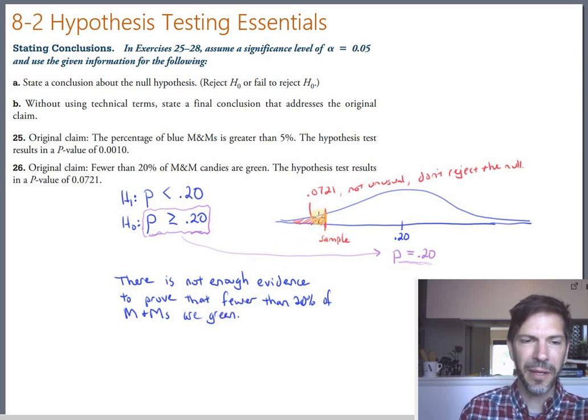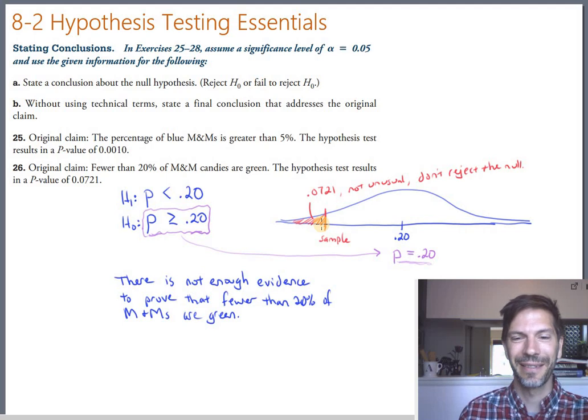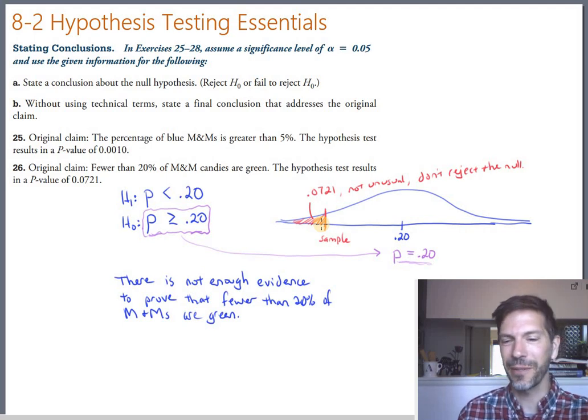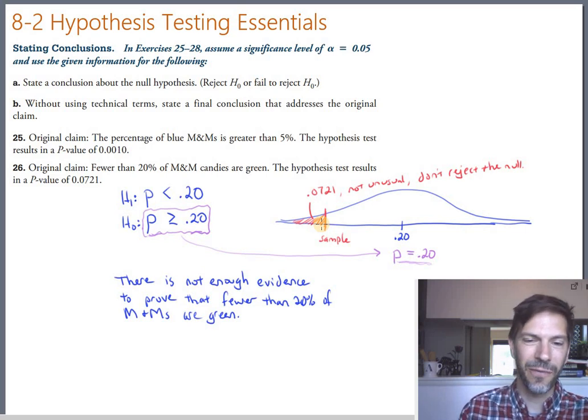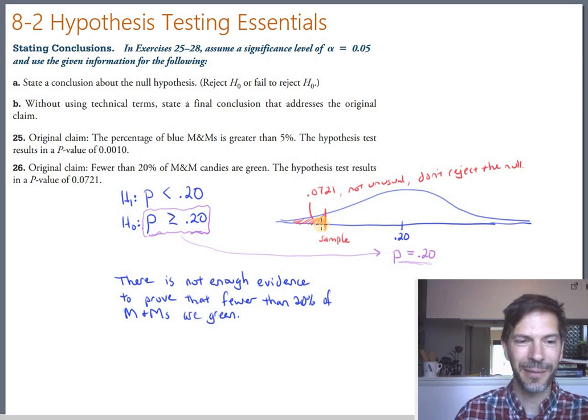And again, keep in mind here, apparently our sample did come out less than 20%, but not convincingly less. They're saying it's possible the rate really is 20%, and this was just normal fluctuation around the 20% rate. It's not so far off the curve that I feel like I have to reject the 20% idea.